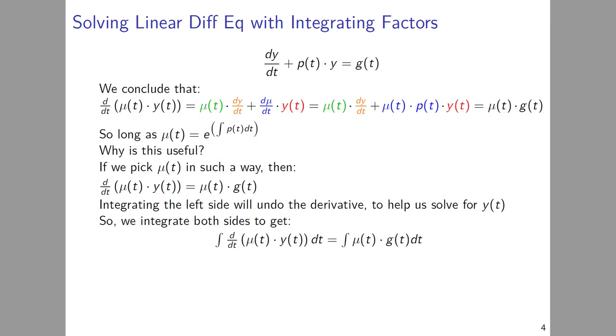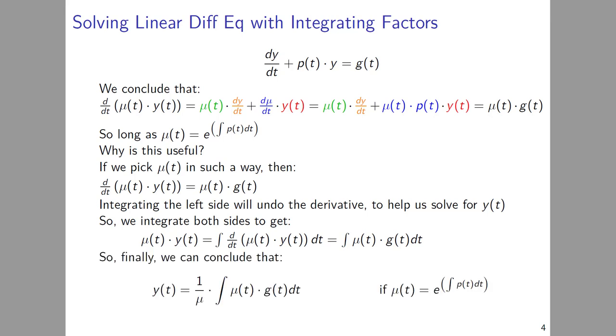So if we integrate both sides, we'll have the integral of the derivative of mu times y is equal to the integral of mu times g. And from the fundamental theorem of calculus, the left-hand side is just mu times y. And since we're trying to find the function y of t that solves our differential equation, all that's left to do to find y is to divide by mu.